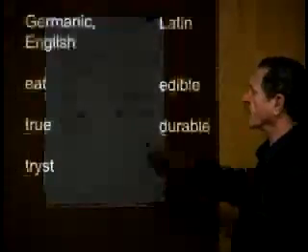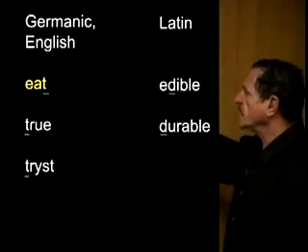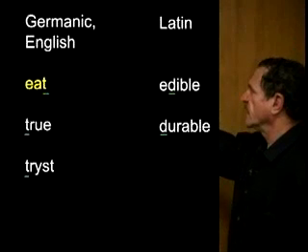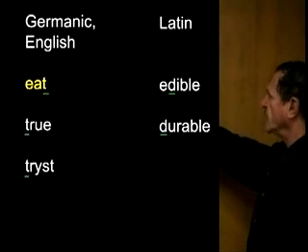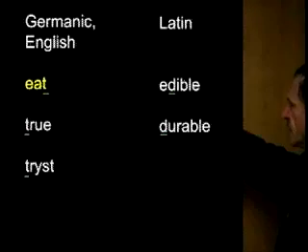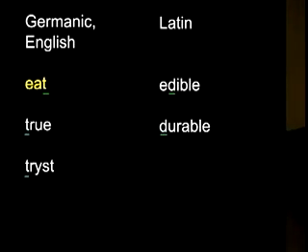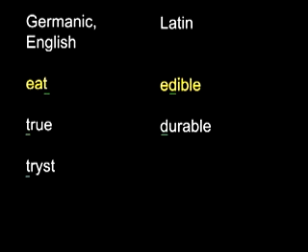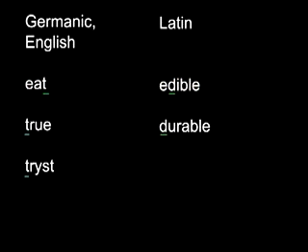So here are words like, notice in eat, the sound T of eat corresponds to the D of edible, and notice the semantic correspondence. Both of those words have to do with eating. The correspondence between T in Germanic and D in Latin is quite regular in English.